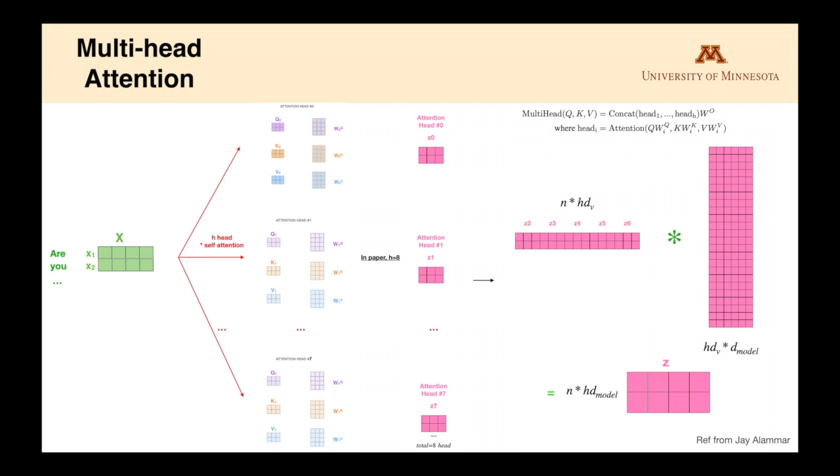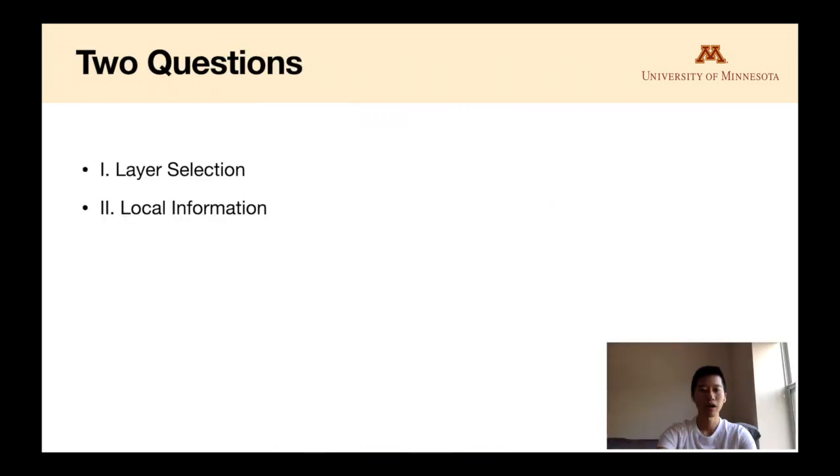For example, in the example above, Z1 contains a little bit of latent embedding from different subspace. As long as we have multiple head vectors, concatenating them together will be a meaningful vector. So far, we know how BERT works.